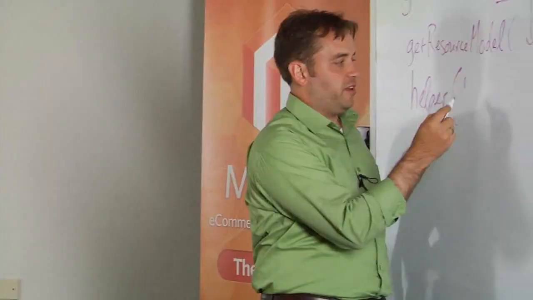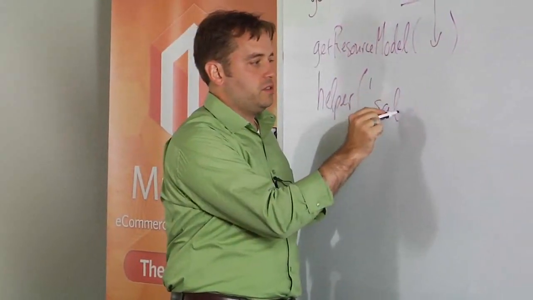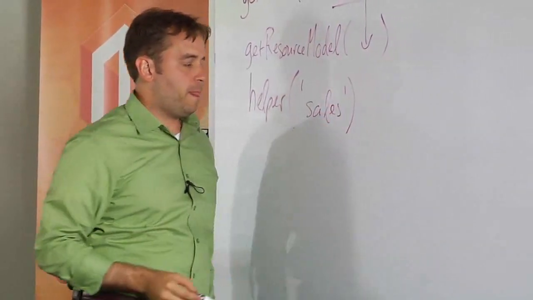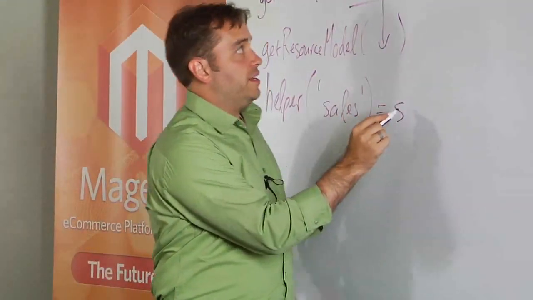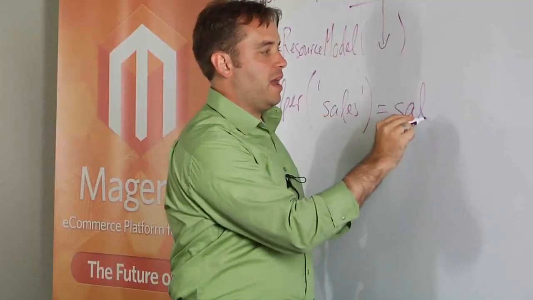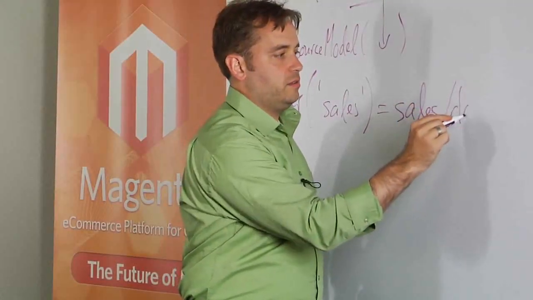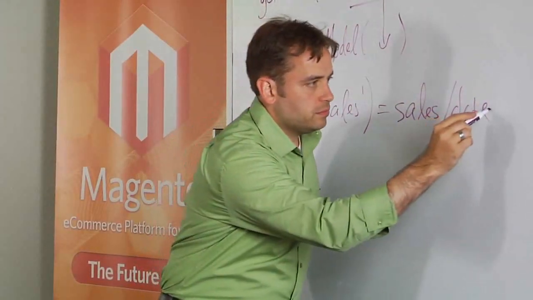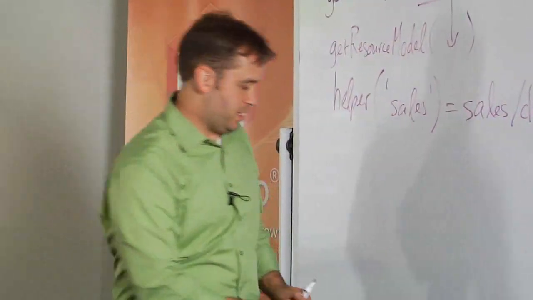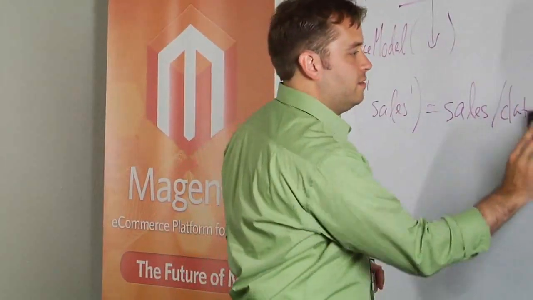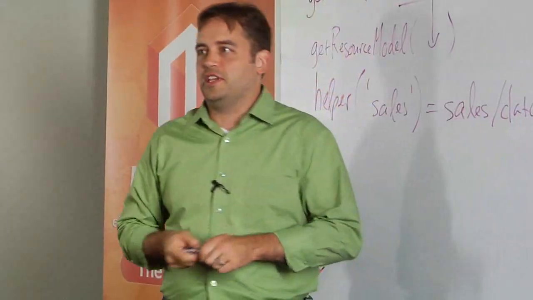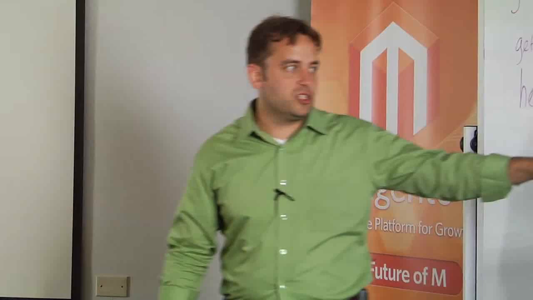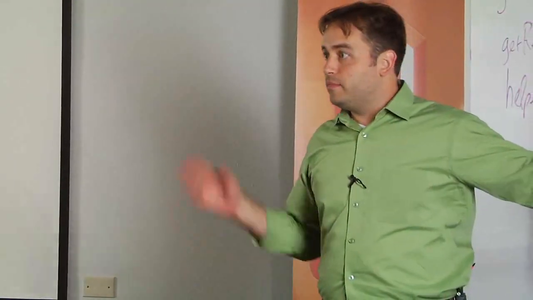You can just specify sales, and in class group notation that maps to sales/data. That's just one of those other things about the system. If you only specify a class group, the system will look for a data helper.